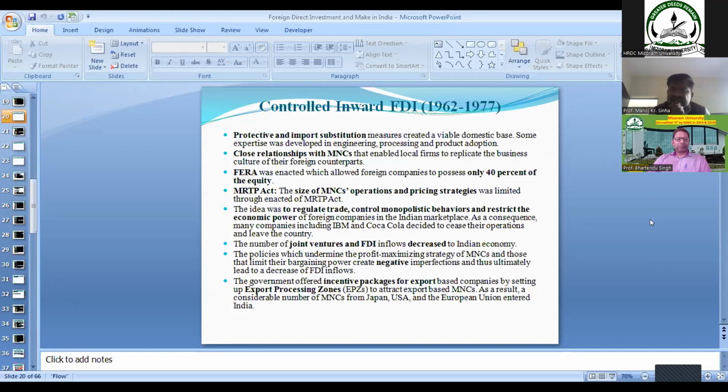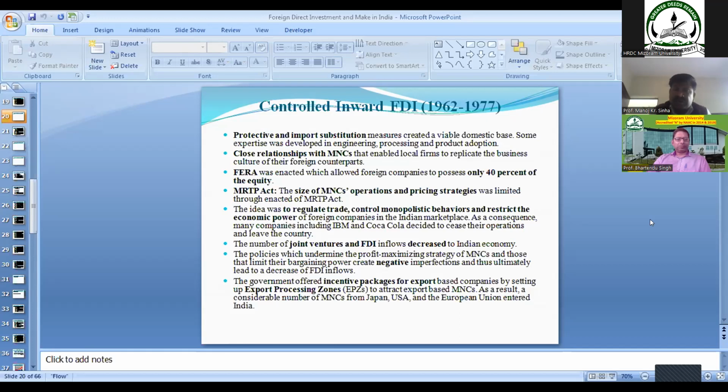Due to this, many multinational companies such as IBM and Coca-Cola decided to cease their business and leave the country. FDI inflow declined during this period.